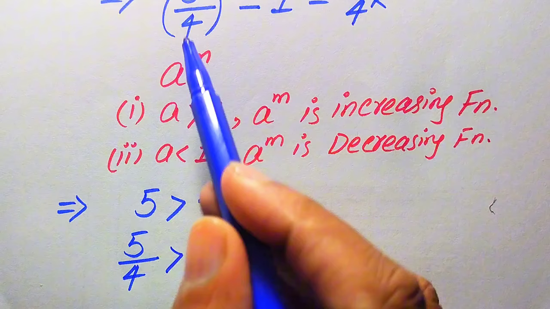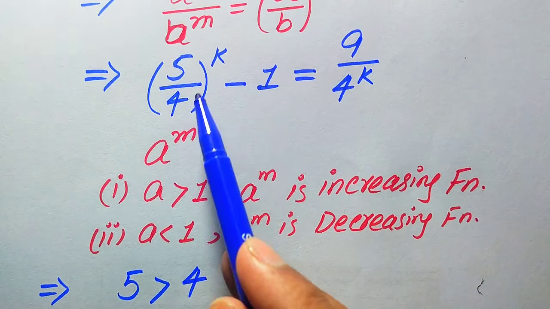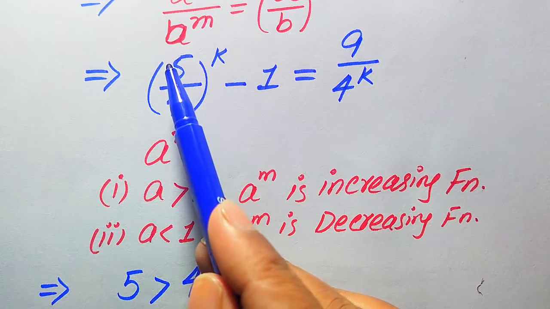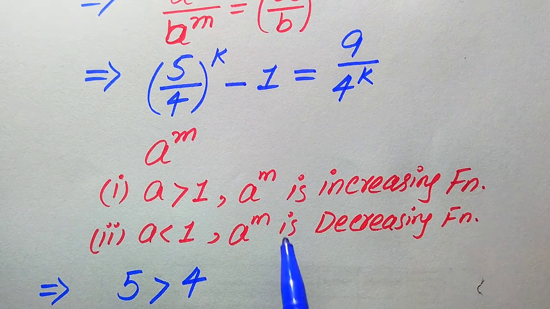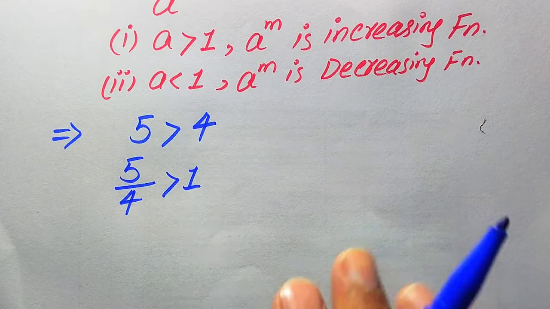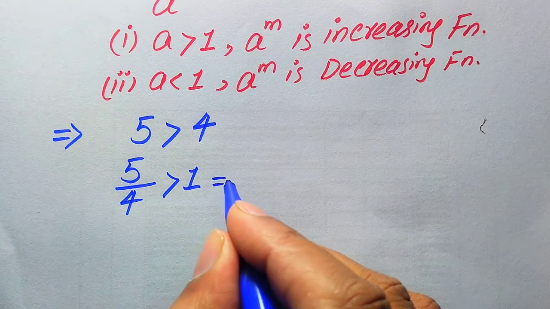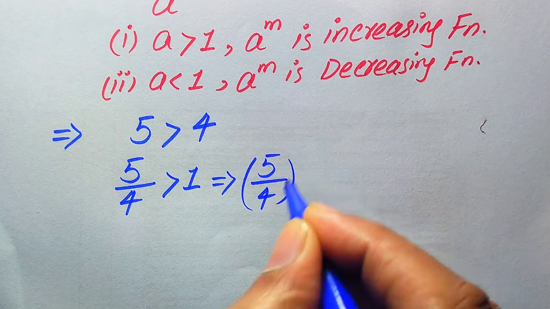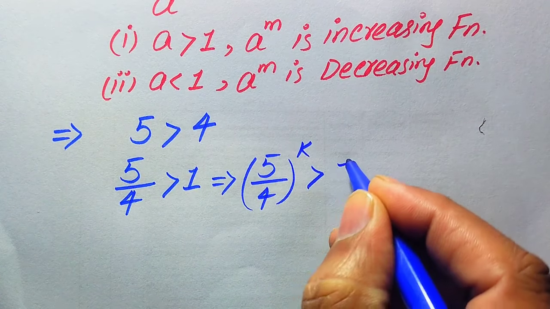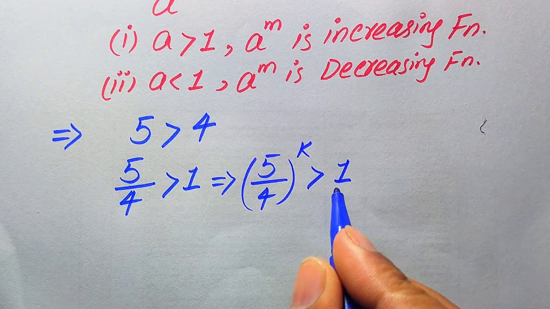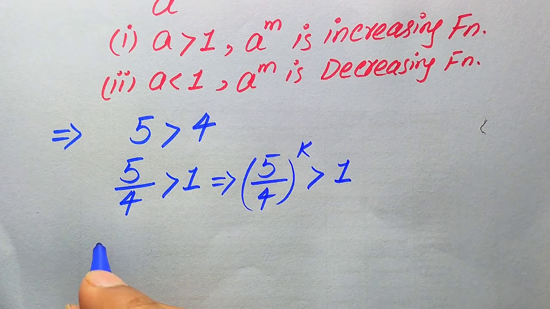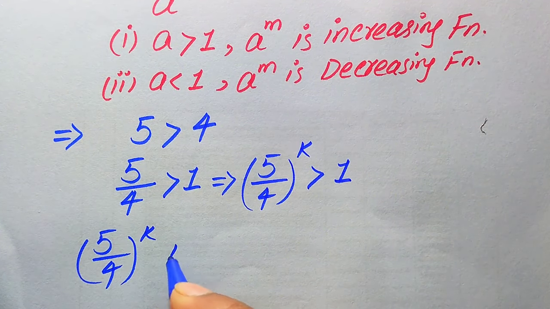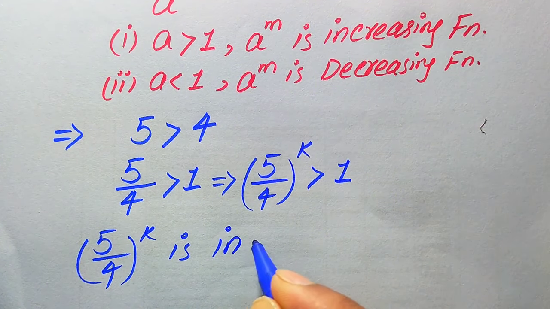So the base of this term is greater than 1, and the whole function, 5 over 4 to the power of k, is an increasing function according to this rule.